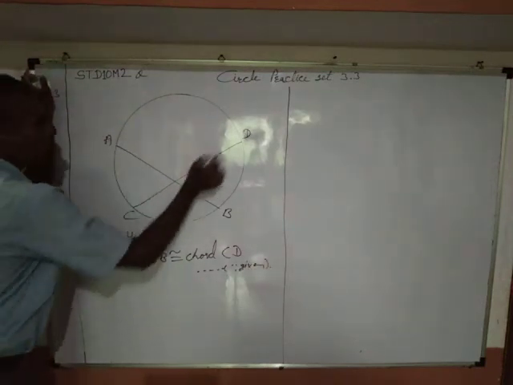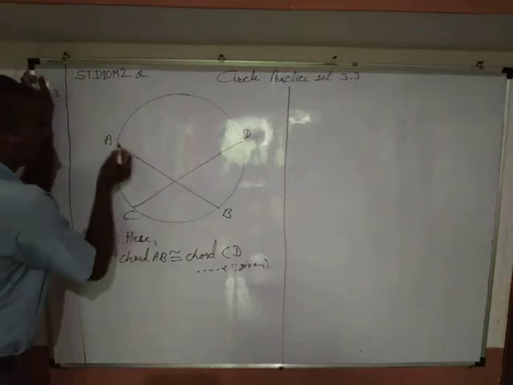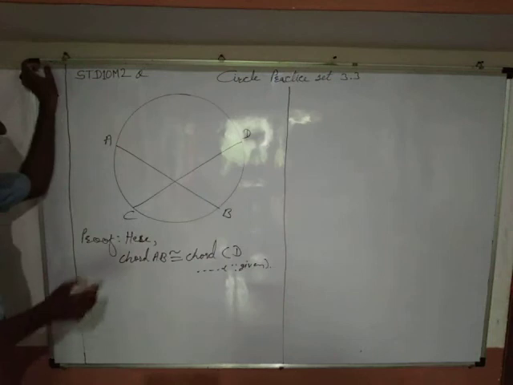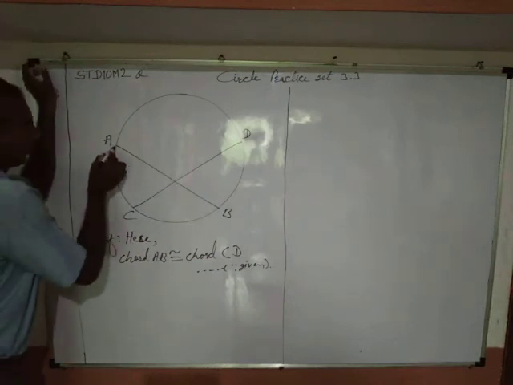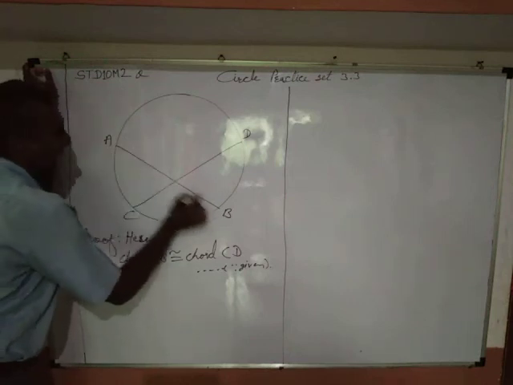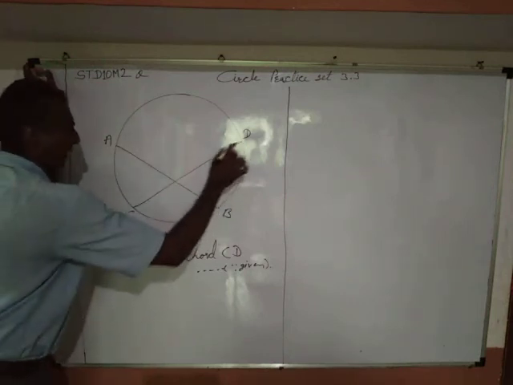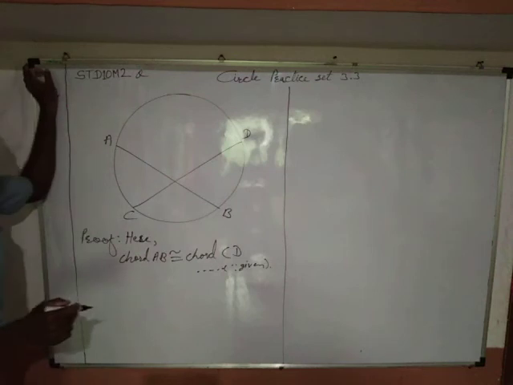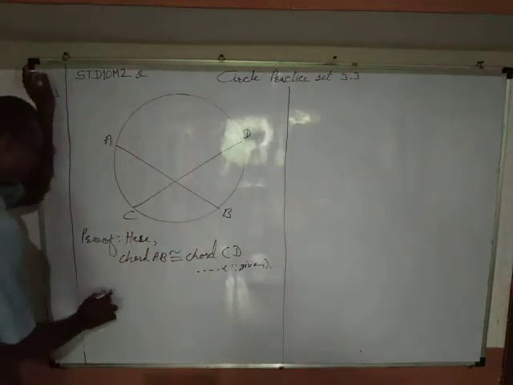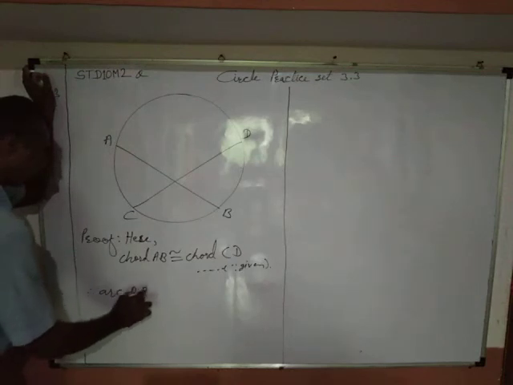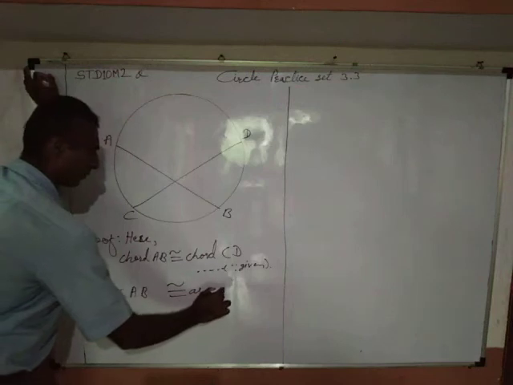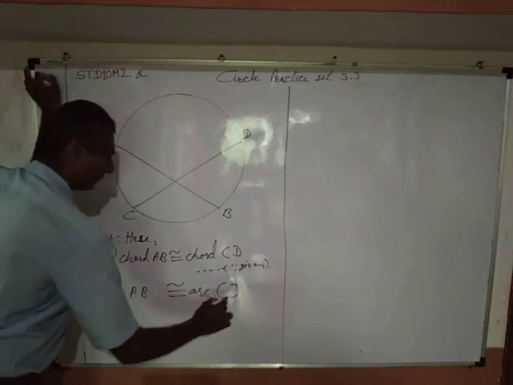If chords of a circle are congruent, then arcs corresponding to those congruent chords are congruent. Therefore, we may declare that arc AB corresponding to chord AB and arc CD corresponding to chord CD are congruent. Let's mention here, therefore, arc AB is congruent with arc CD.